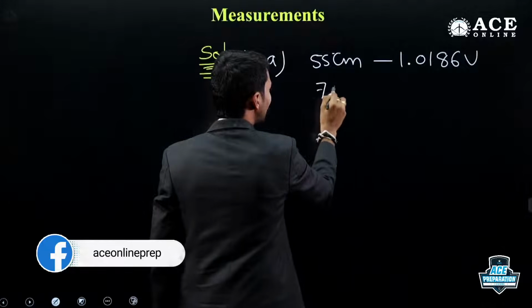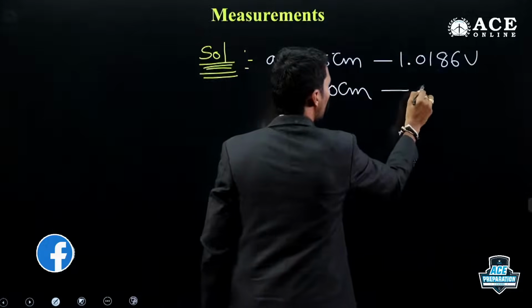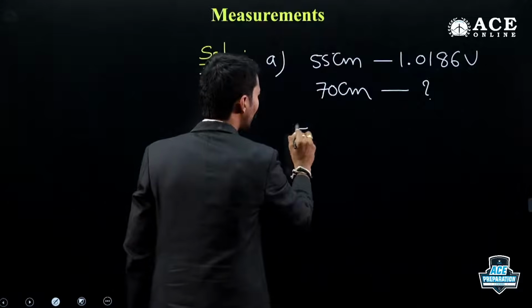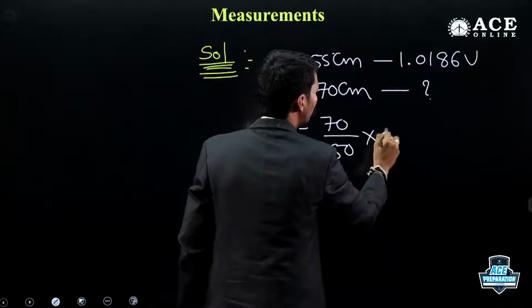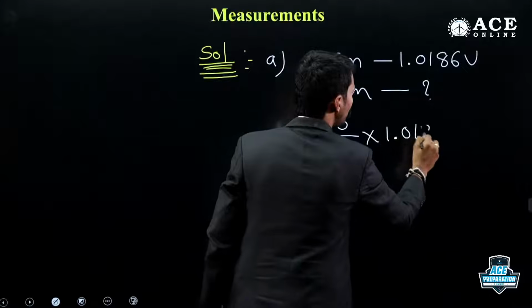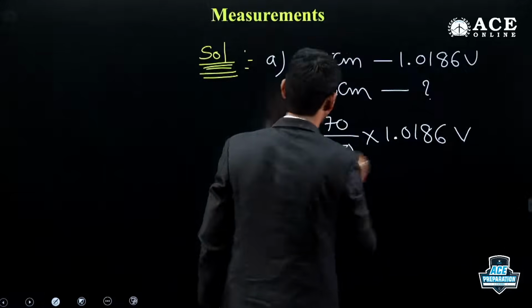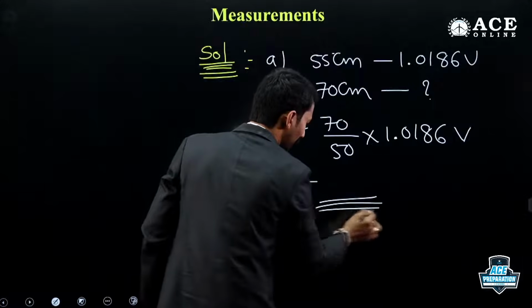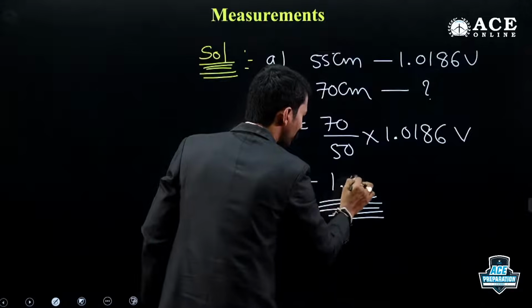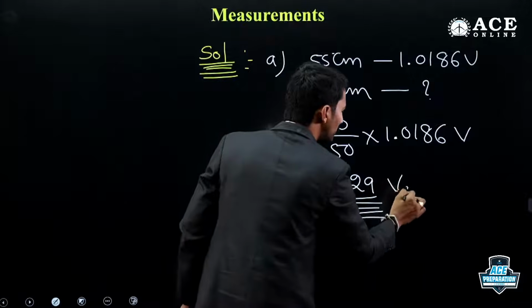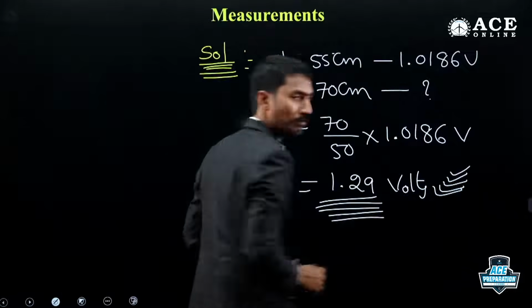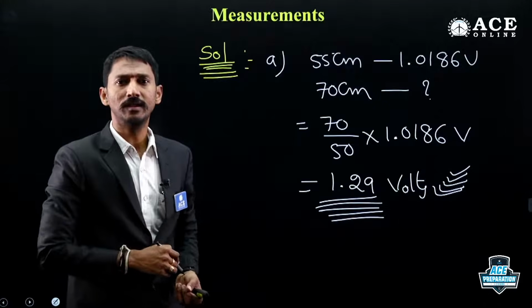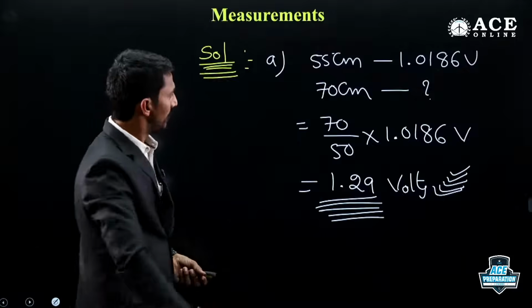For 70 centimeter, how much value? Very simple, direct answer. 70 by 55 into 1.0186 volt. Calculate this. You will be getting the value as approximately 1.29 something. Clear? Right? Now, second one.